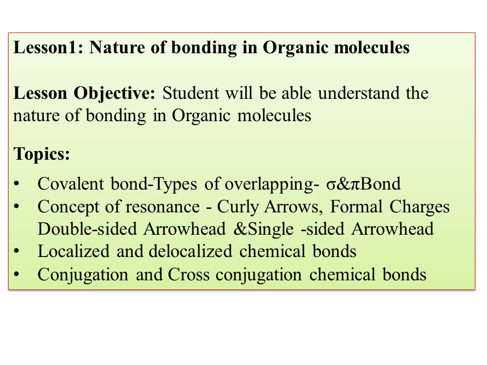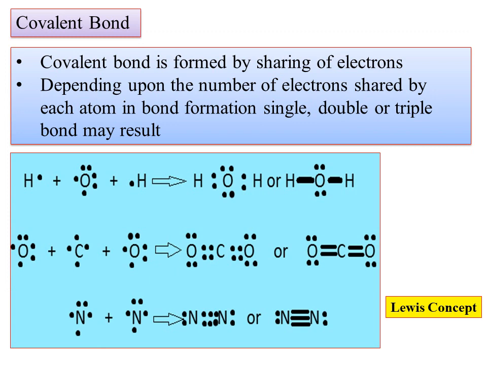You will be able to differentiate between localized, delocalized, conjugation, cross conjugation, no conjugation, covalent bond, and what type of movement of electrons is taking place, everything you are going to learn in this lesson.